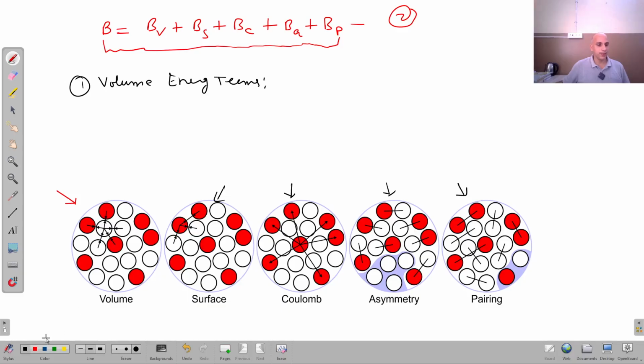Like this is a proton and this is a neutron. So these neutrons and protons are held together inside the nucleus by strong nuclear forces. I mean, they are attracting each other because of this nuclear force. So suppose I have 2 nucleons, they can be 2 protons or 2 neutrons.